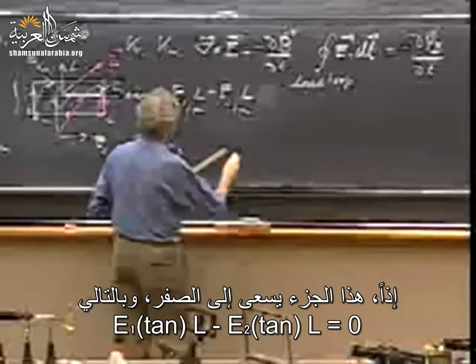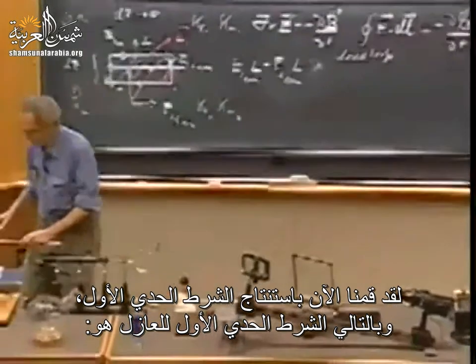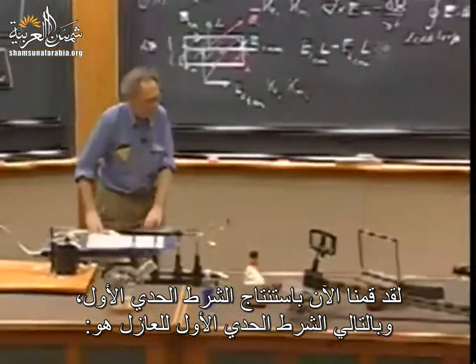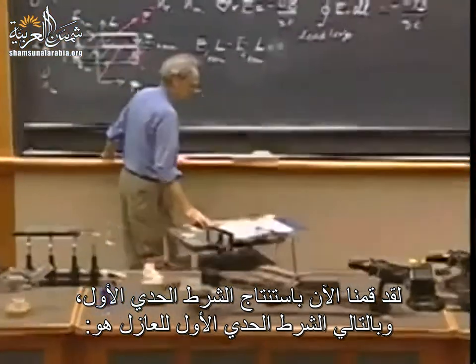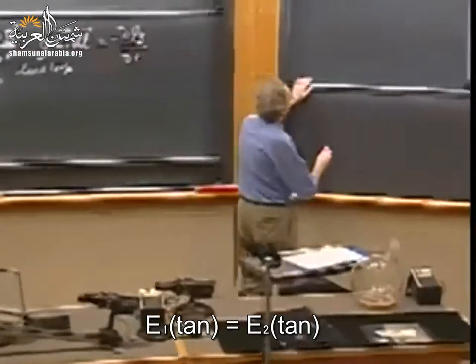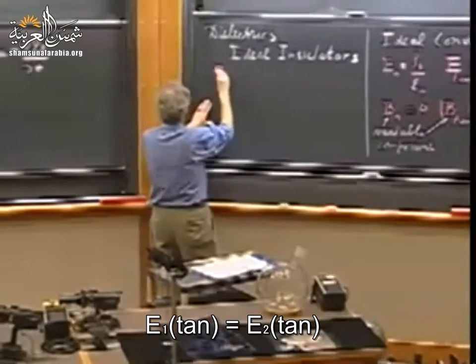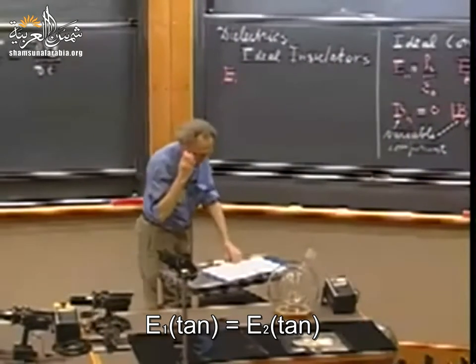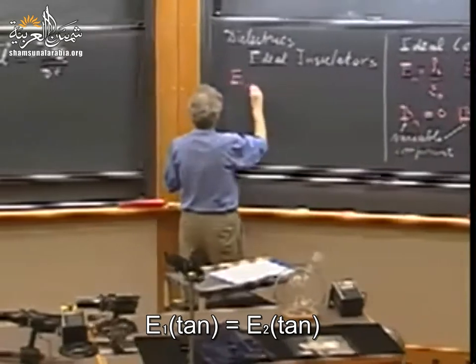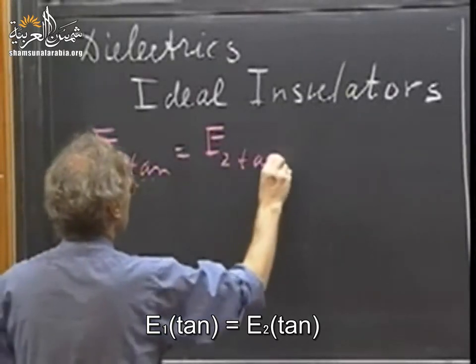And so now you see that this equals 0. And now we have derived our first boundary condition. The first boundary condition for a dielectric is the following, that E1 tangential equals E2 tangential.